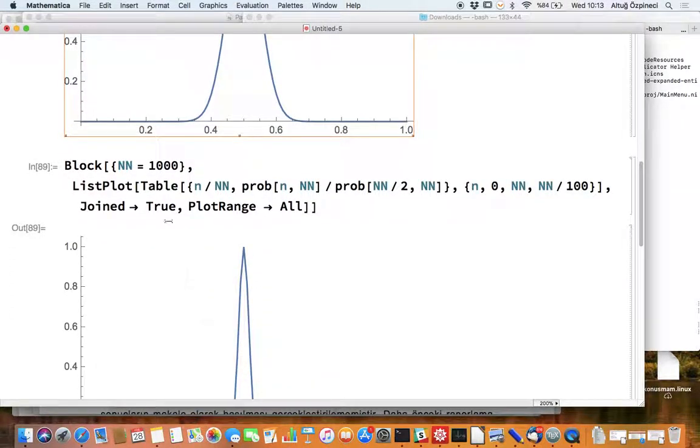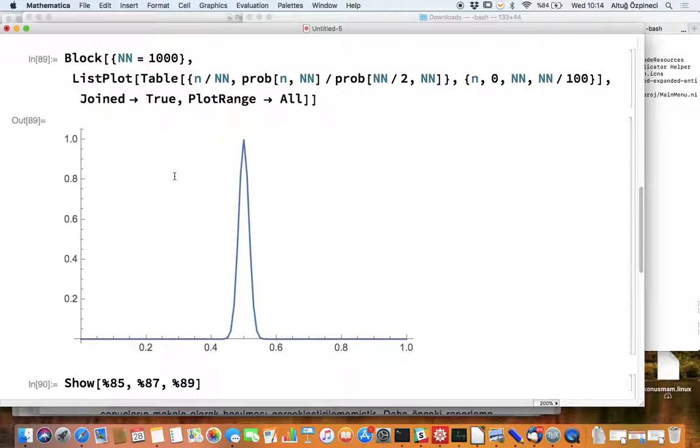Now let's increase the number. This is 1,000. I have just 1,000 particles. You see, the probability distribution becomes quite peaked. Now, the probability of observing only 40% of particles on the left is almost zero. What I will observe is that the most probable configuration will be 50% on the left, 50% on the right.